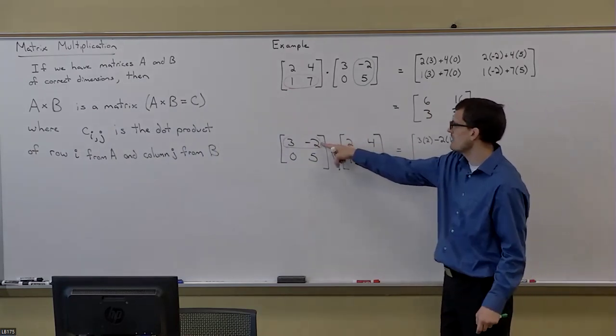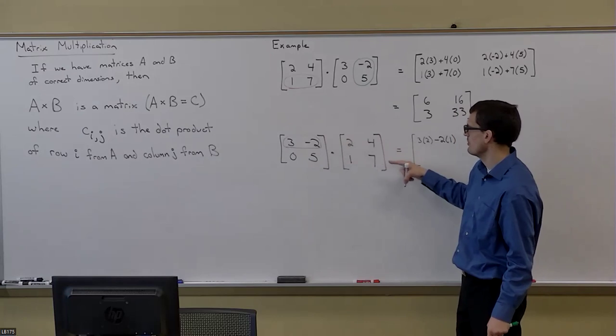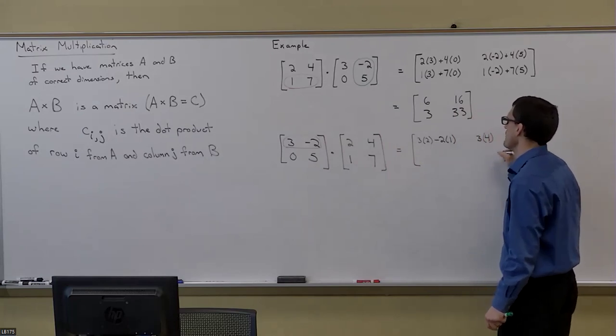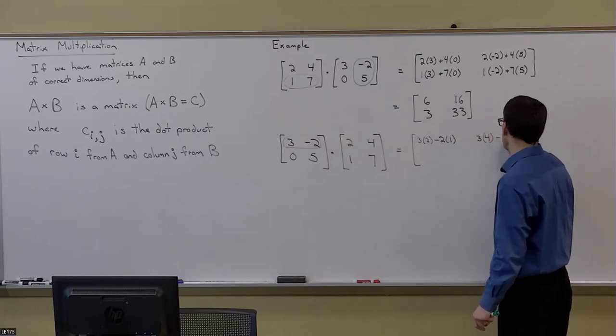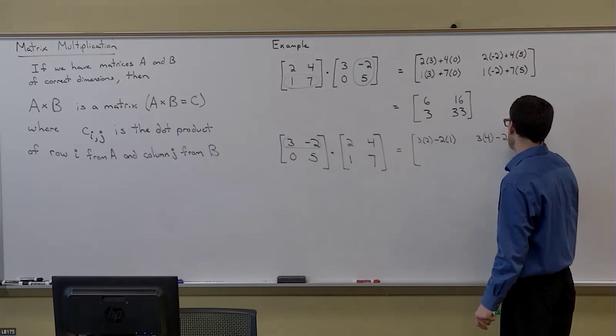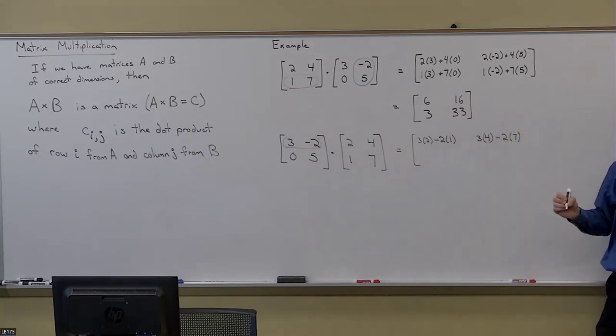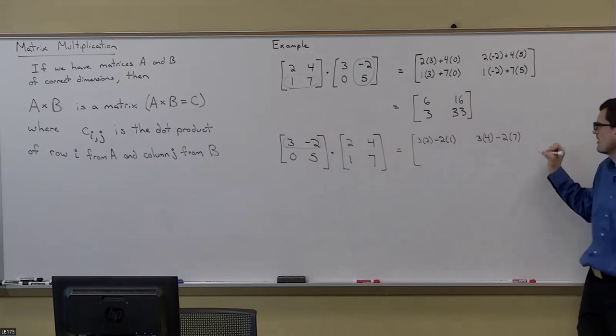Then row 1 times column 2 gives you 3 times 4 minus 2 times 7. You see where I'm getting those things? Making sense? All right.